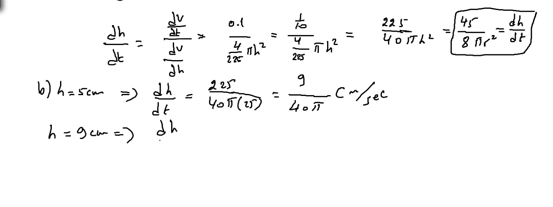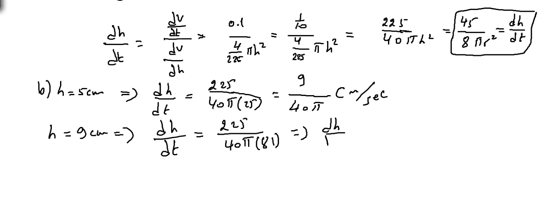We just need to replace h, this time with 9 centimeter. So it's 225 over 40 pi times 9 square, which is 81. The answer, after we simplify it, dh over dt equal, we will find the answer.